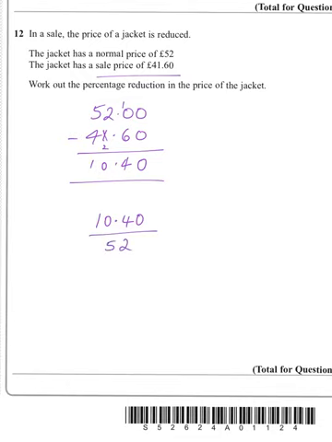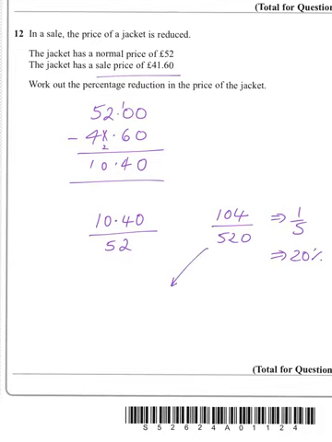That's really important. So if we times top and bottom by 10, we'll get 104 over 520. Now if you can't see that 104 goes into 520 5 times, that's fine. If you can, then you'll know that the answer is going to be 1/5, which is 20%.